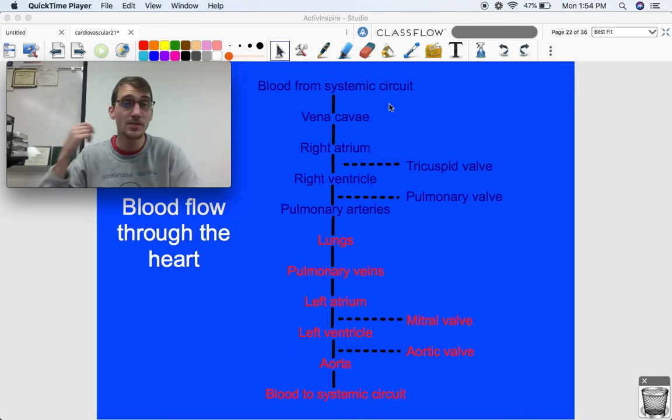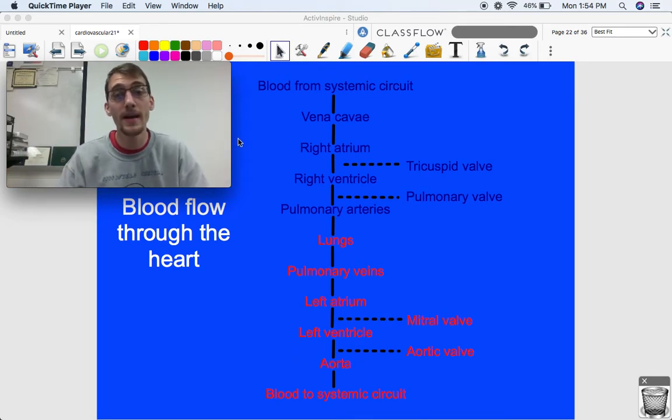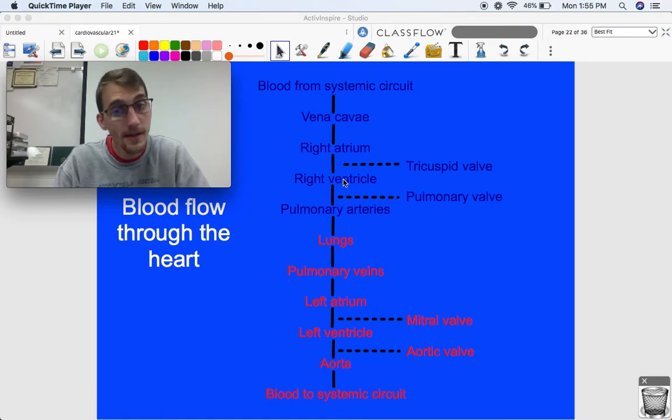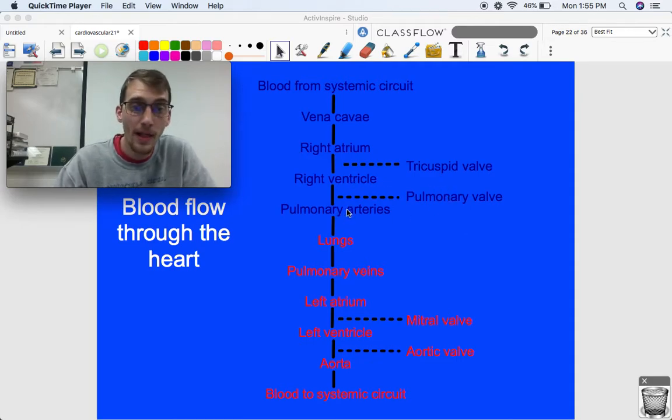Blood from the systemic circuit enters into the vena cava. Okay, that collects into the right atrium. The tricuspid valve opens up, allows blood to go from the right atrium to the right ventricle. And then once the right ventricle contracts, the pulmonary valve opens up, allows the blood to go to the pulmonary arteries, and then it picks up oxygen in the lungs.